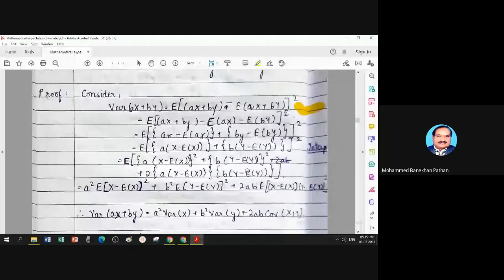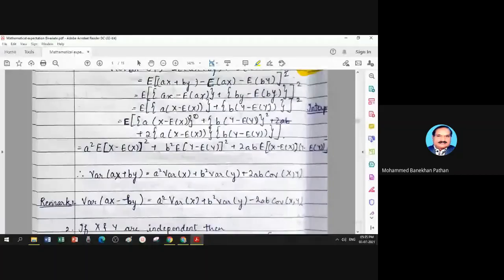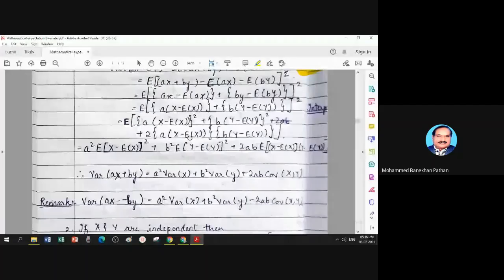Now I use expectation inside for three terms. A square is a pure constant, taken out. Expected value of X minus EX square, plus b square taken out because it is a constant, expectation of Y minus EY square, plus 2a multiply b. This is the product, so twice expectation of these two curly brackets.